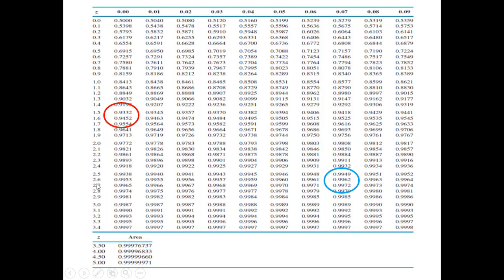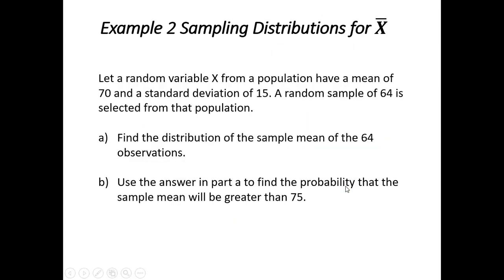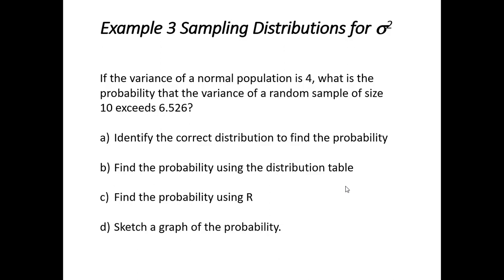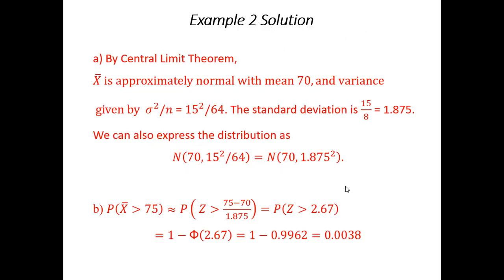So I look for 2.6 here, and I get the row, so this brings me to the right row. And then my second decimal place is 7, so 2.67 right here. My probability would be 0.9962. So 0.9962 we have over here.